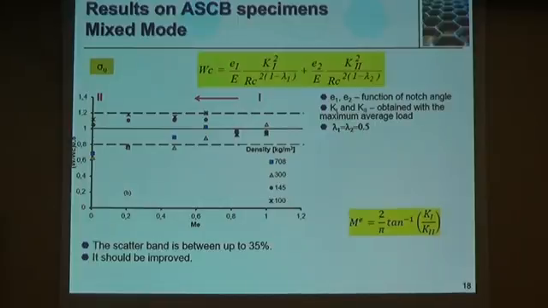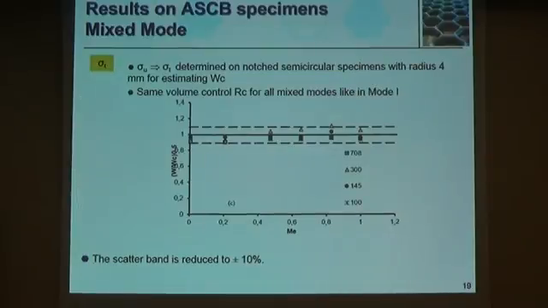We tried to apply an approach of Professor Seweryn, proposed again afterwards by Professor Lazzarin and Professor Berto. So we determine the tensile strength for notched specimens. We use some specimens with semicircular notches of 5 millimeter radius, and we replace in our data the ultimate tensile strength obtained in tension with this value of the stress obtained in the notched specimen, and we reprocess the data.